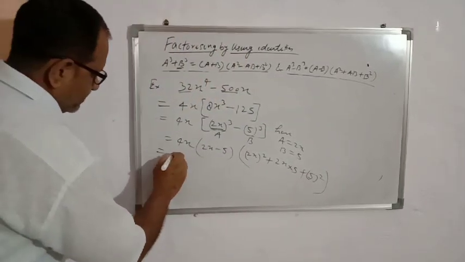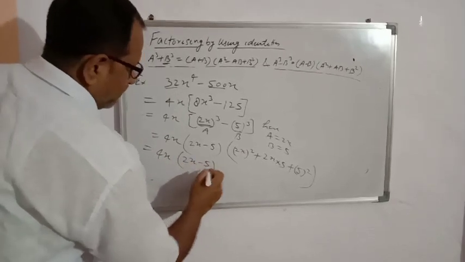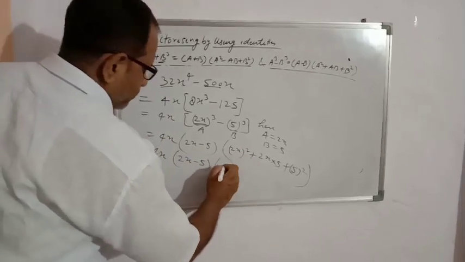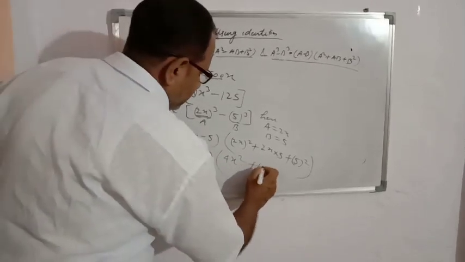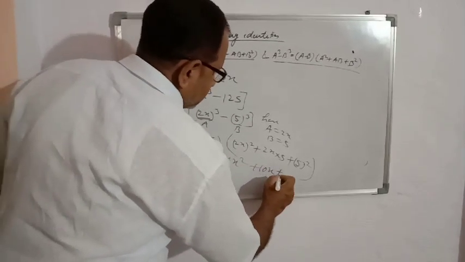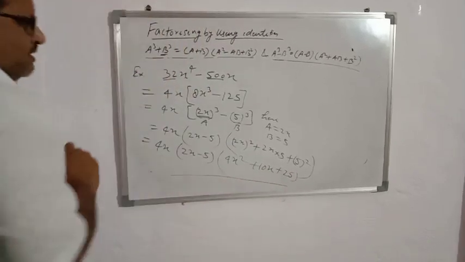Simplify it. 4x, 2x minus 5, 2x whole square is 4x square, 2x into 5 is 10x, plus 5 square is 25. This is our answer.